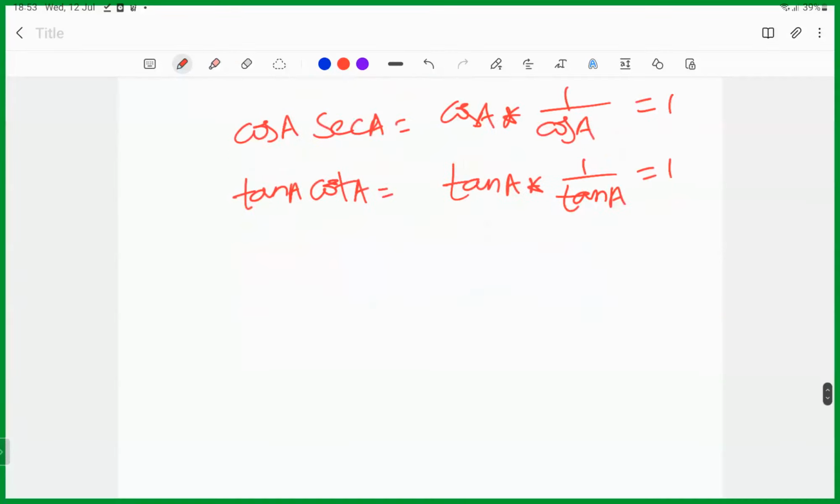So also we have solved some problems yesterday. Let's say example, tan A equal to 4 by 3. If tan A equal to 4 by 3, then what are the other ratios? Let's say sin A, cos A. Whenever there is a ratio, we need to consider the multiplication constant.